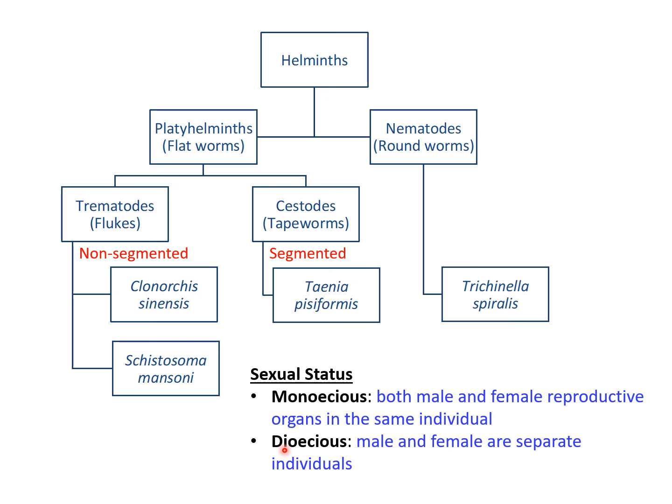Di meaning two. So dioecious, you have two separate worms. One is a male and the other one is a female. Versus with the mono, it's just one worm that actually has both male and female reproductive parts. And again, this is just showing you examples of which ones are considered mono, which ones are considered di.